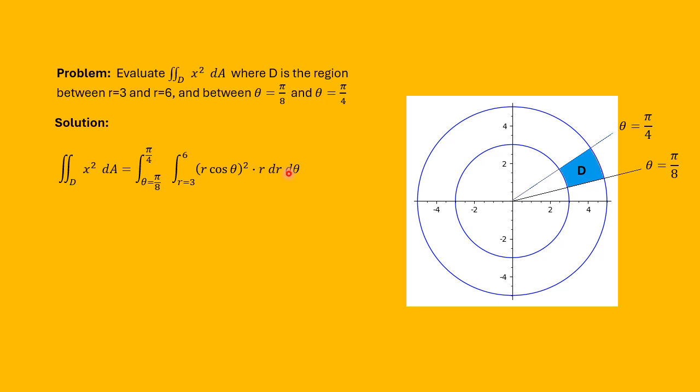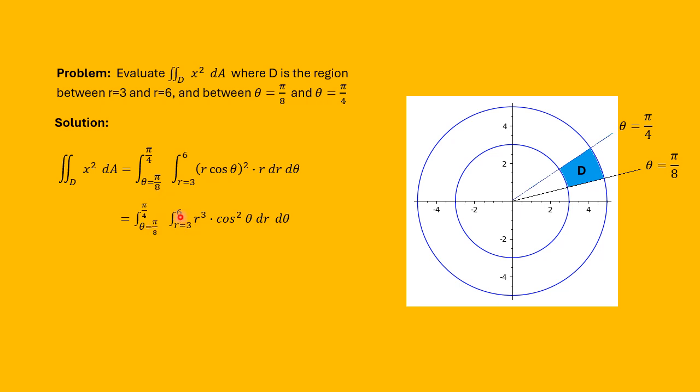So what happens to that? Well, let's see what we have here. We have an r squared here times another r, so that gives us an r cubed. And we also have a cosine of theta quantity squared here, so cosine squared theta, and then dr d theta, and the limits on the integral did not change at all.